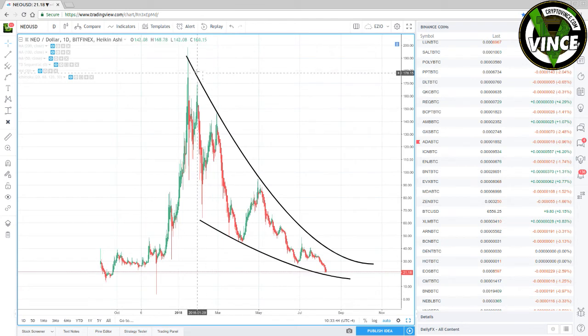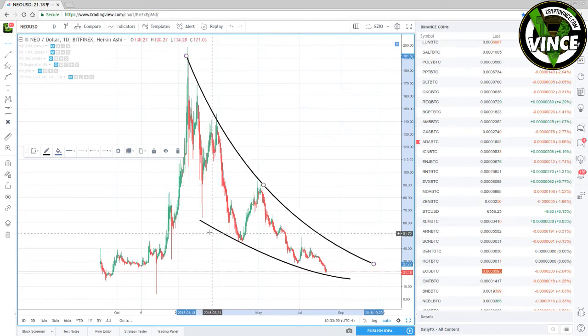You guys can see that the resistance line got distorted way more than the support, because the ratio between 27 and 191 is way bigger than the difference, because we are on a linear scale. So the difference between the two values is way higher than this difference here at the support.